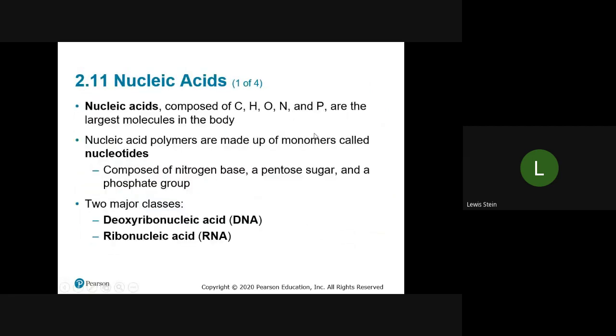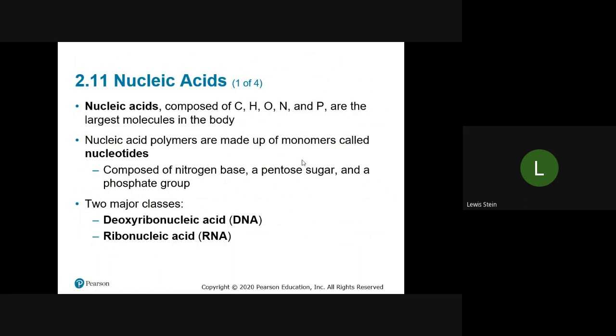Which brings us to the last part, nucleic acids, which are the most complex of these and by far and away the largest. And there are two, DNA and RNA. They have carbon, hydrogen, oxygen, nitrogen, and phosphates. All of them, okay? And the individual unit is called a nucleotide, okay?